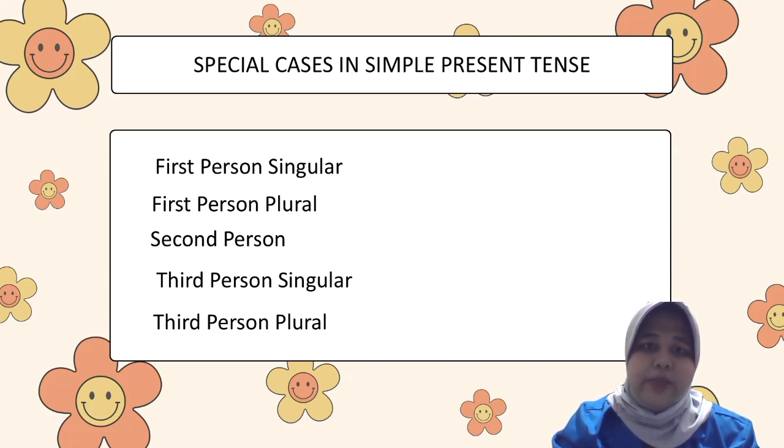Second person. Second person is the point of view of the second person or someone we are talking to at the time. The pronoun used in the second person singular is you if as a subject, your or yours if to show ownership.